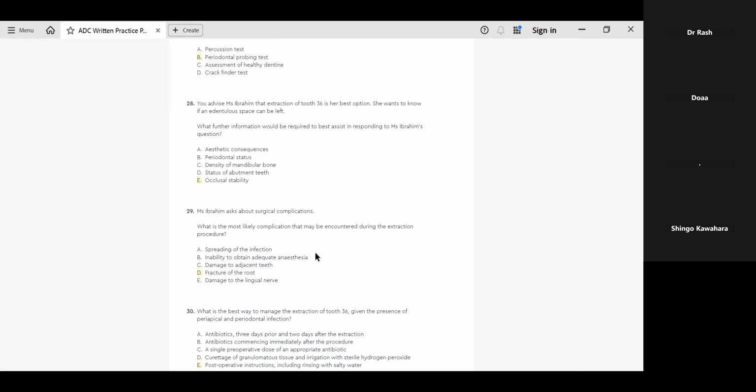Now, you see, again, I'm telling you the same thing. This is the fifth, sixth time in the same session I'm telling you. She asked about surgical complications. What is the most likely complication that may be encountered during the extraction procedure? Please read the question. The question has the answer. If you understand the question, half of the job is done.